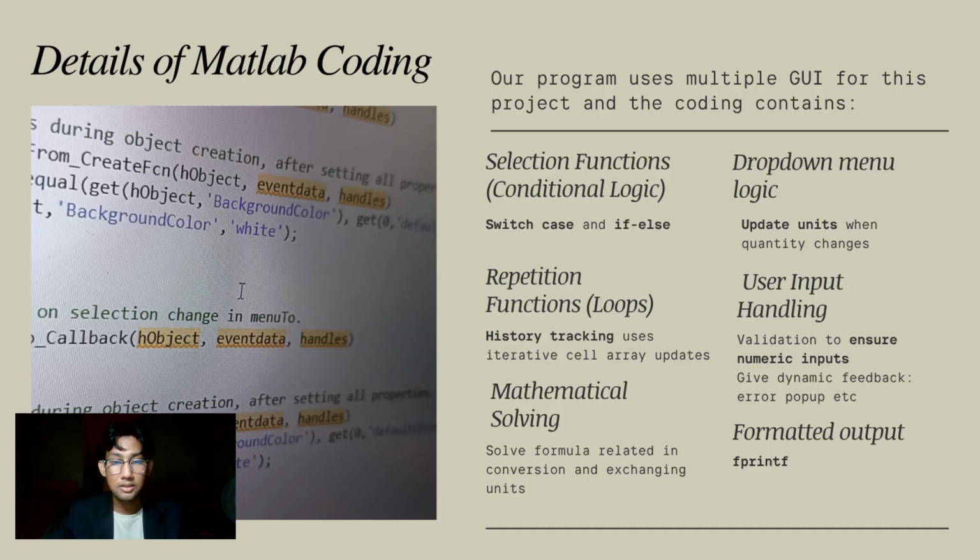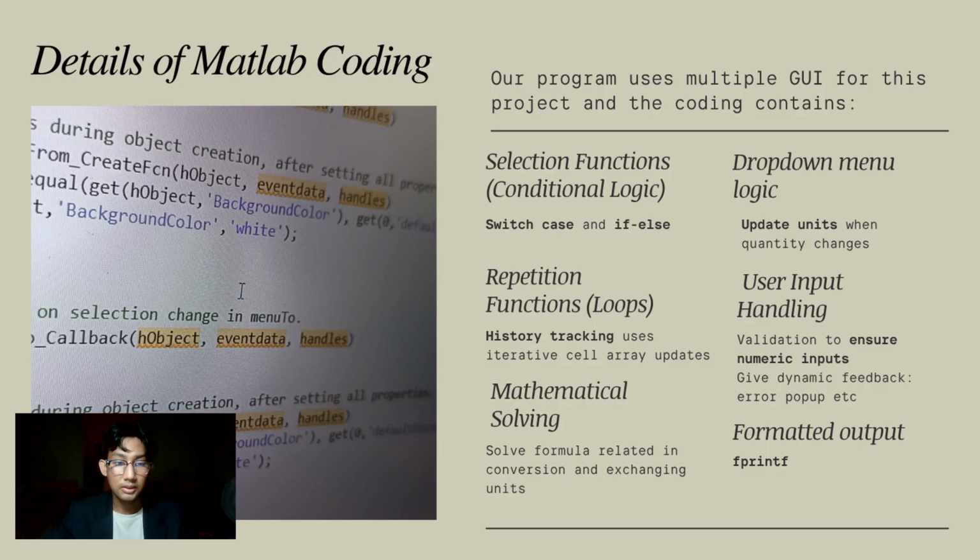The second one is the drop-down menu logic that we use to update the units when the quantity changes. For example, when the user clicks the quantity menu, the pop-up menu will open. For example, case 1 which is length contains meter, foot, and inch, and the second case is kilogram, pound, and so on.